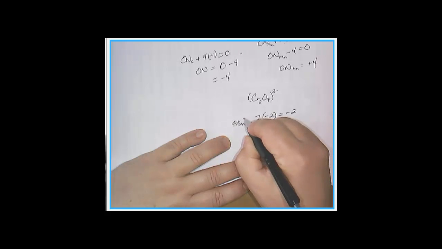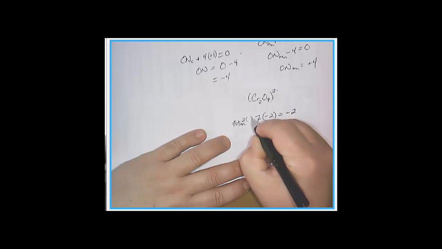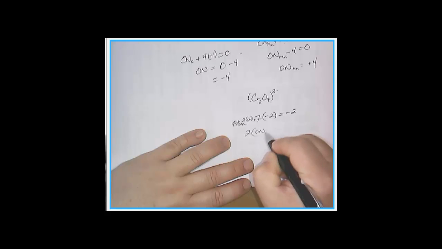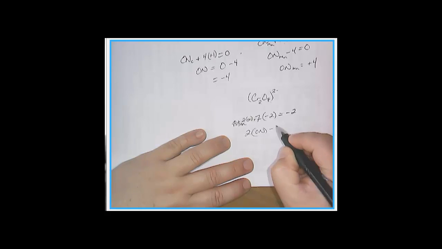So in this case, we have to have 2 times that oxidation number plus 7 times -2 equals -2. So 2 times our oxidation number minus 14 equals -2.